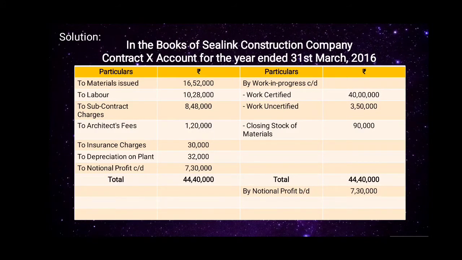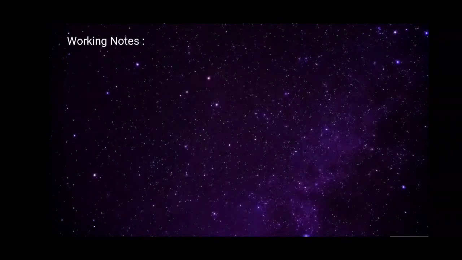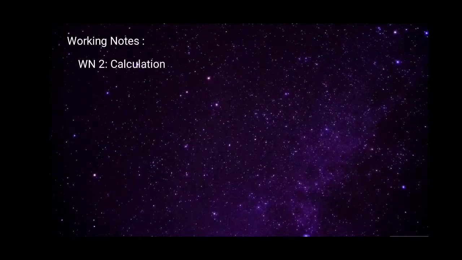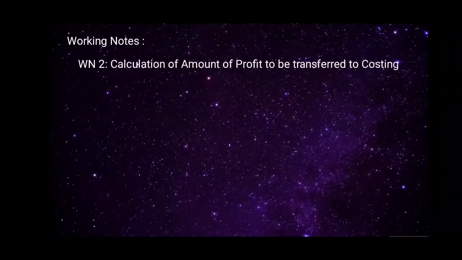So now we need to calculate the amount of profit to be transferred to profit and loss account. So let us prepare working notes. Working note number 2. Calculation of amount of profit to be transferred to costing profit and loss account.